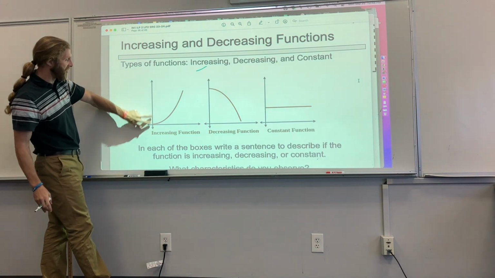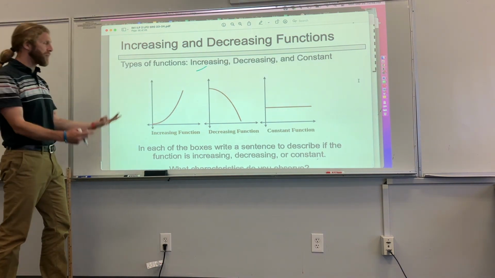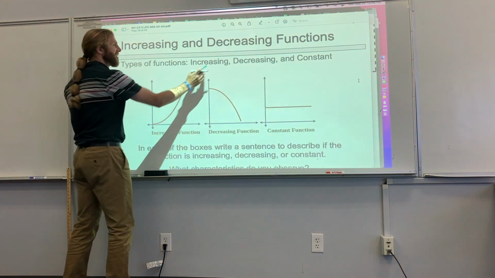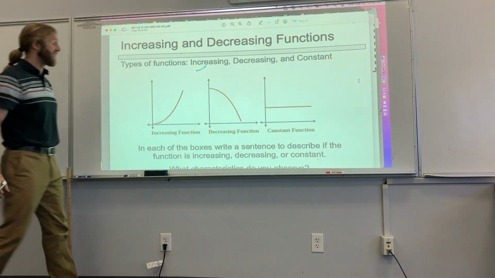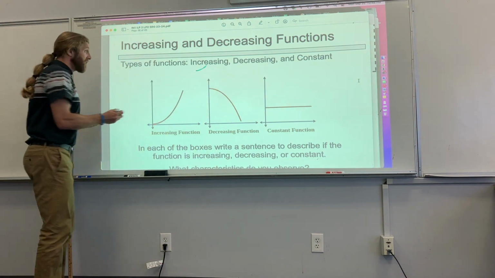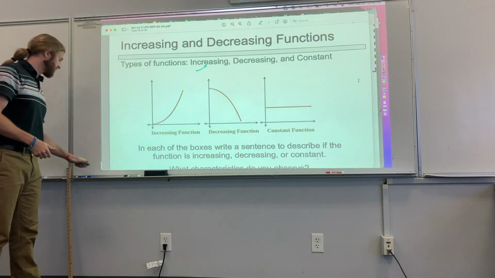So notice the far left version, our red graph is growing up. Doesn't have to be a straight line, by the way. As long as it's increasing, right? It ends higher on the right than it is on the left. That's the idea of an increasing function. So as long as it's cruising upward, that works.